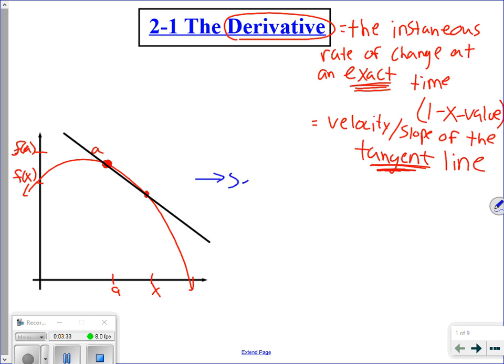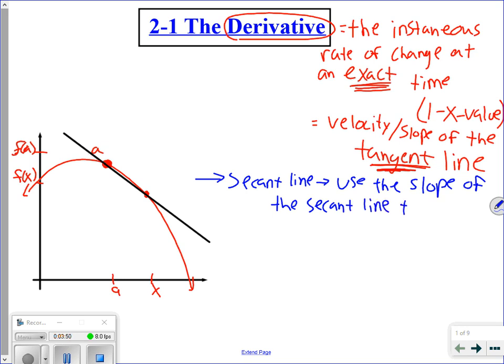And just as a reminder, we would use the slope of the secant line to estimate the slope of the tangent line.